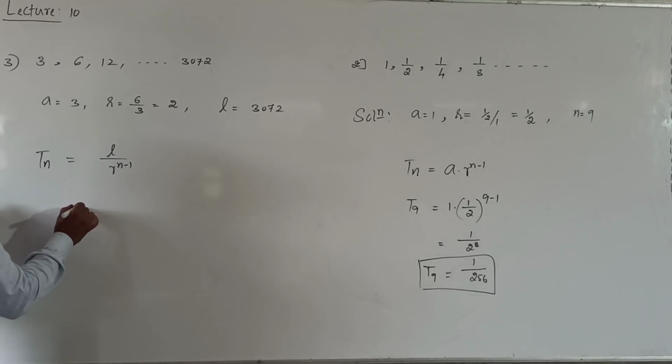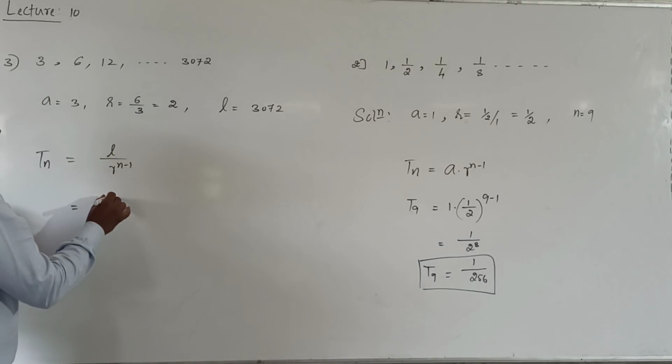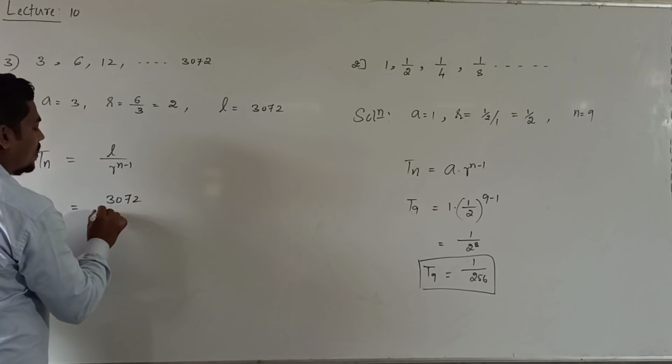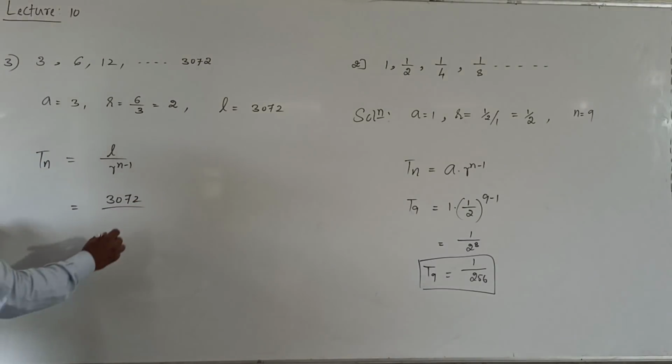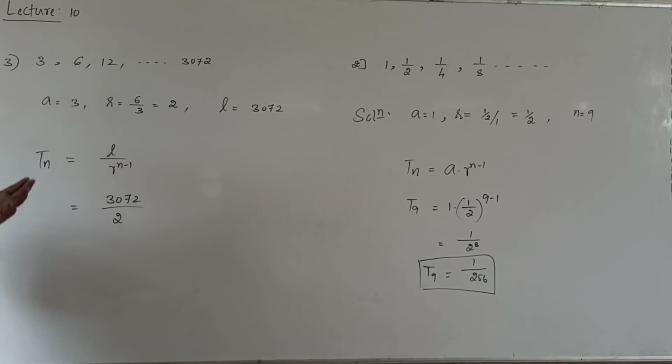Now, L value is given, that is 3072, whole thing divided by, what is R? R is 2, whole thing power n minus 1. In this case, what is n value?